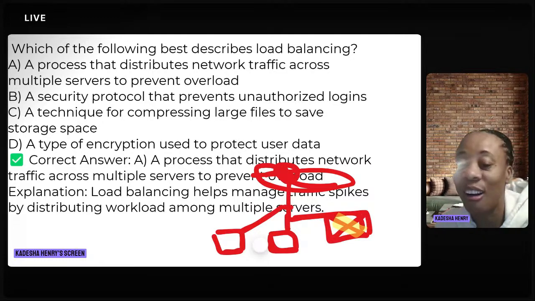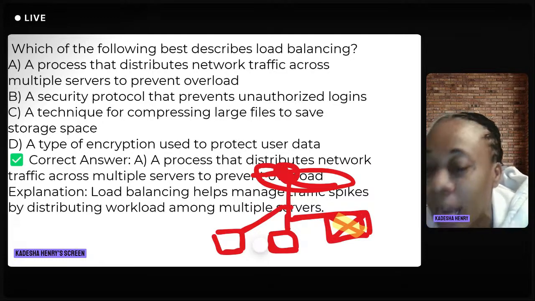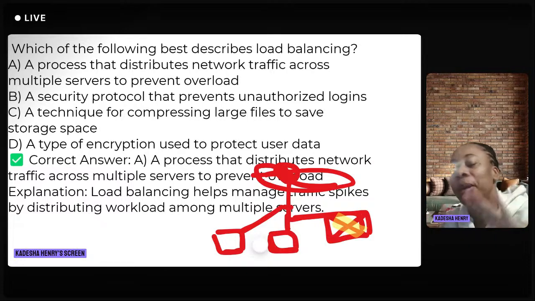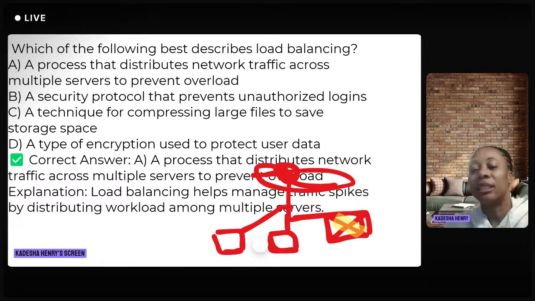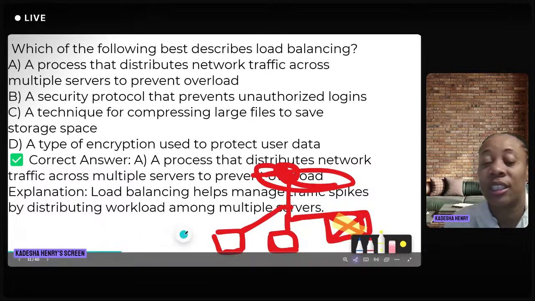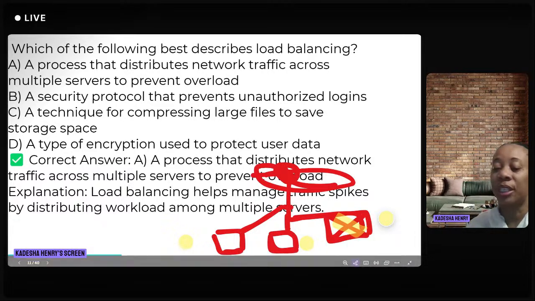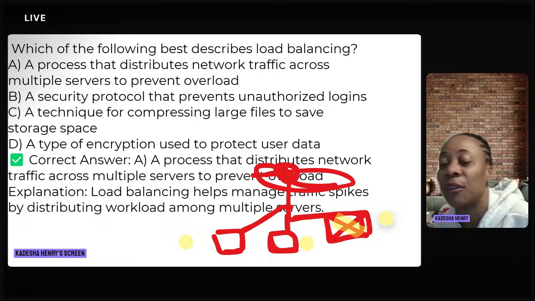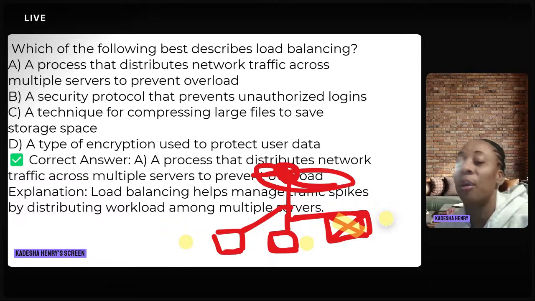I'm not a drawer, so don't laugh at my drawing. I'm just trying to depict an idea of what a load balancer is. It sits somewhere on the network and distributes the information. So this is computer one, computer 2, and computer 3, and it's distributing the information. If one breaks down, another will pick up.